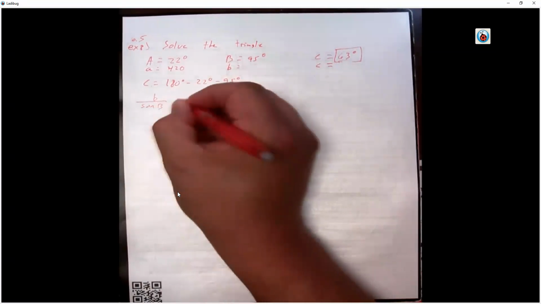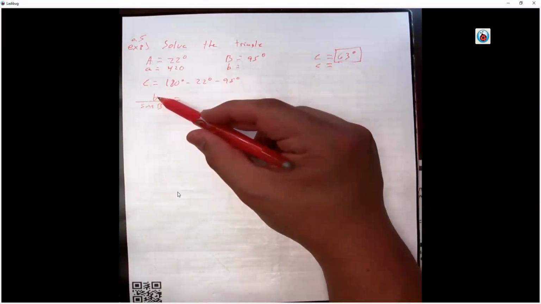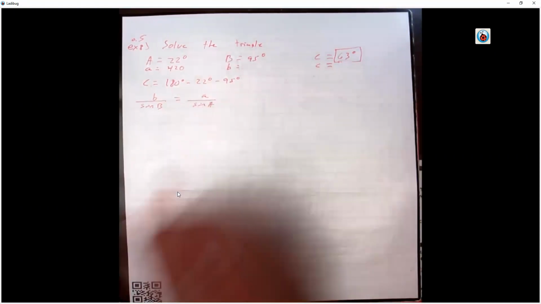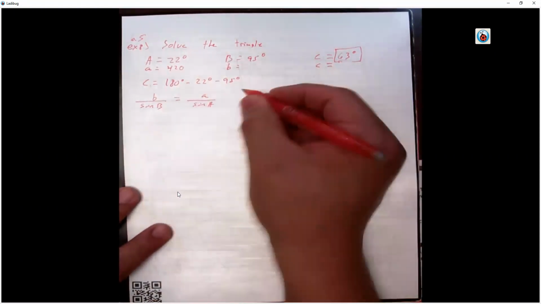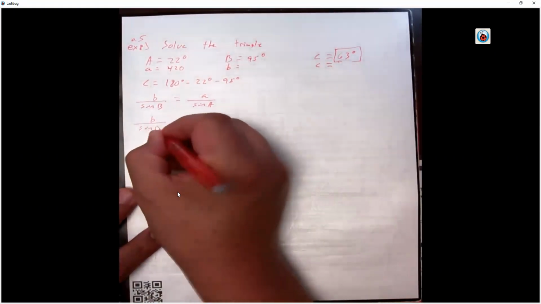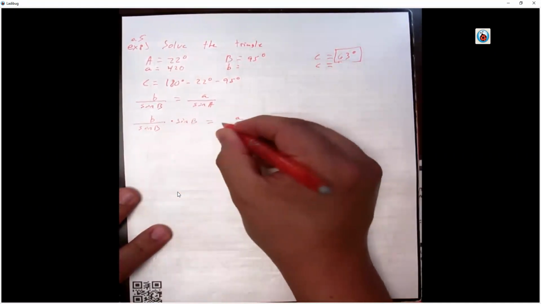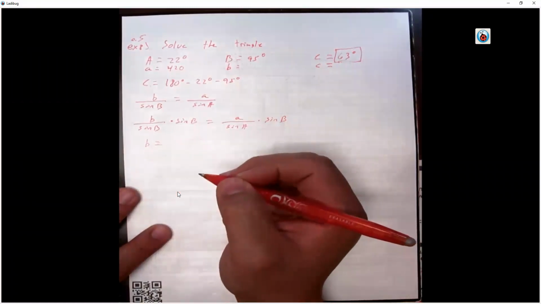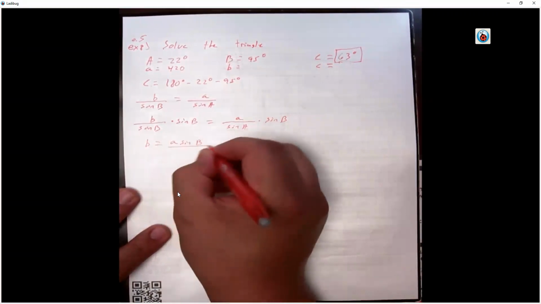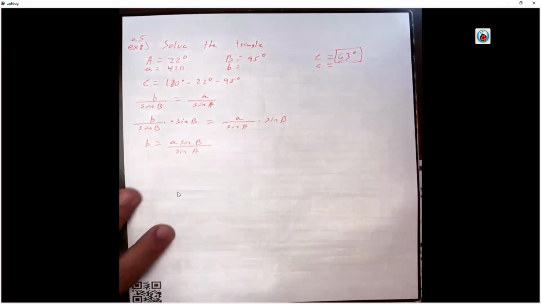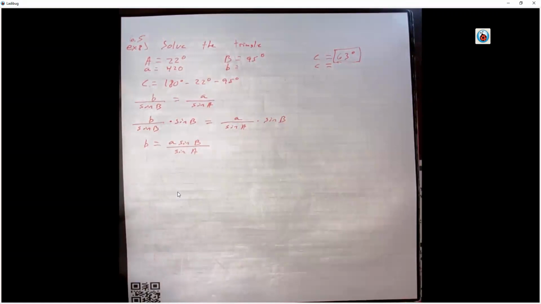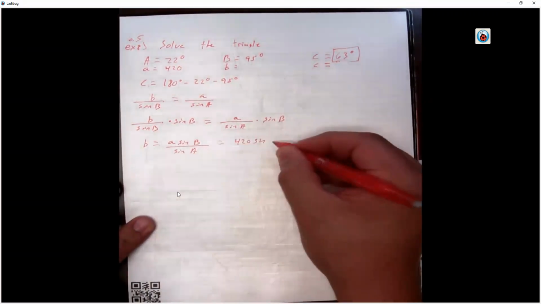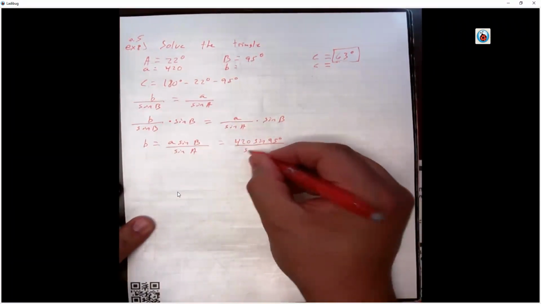Little b over sine B will be equal to, and I want to solve for little b first, so I'm going to set it to the ratio that is complete, little a over sine A, because I have those values. To solve for lowercase b, you would multiply both sides by sine B. So little b is equal to a sine B over sine A. Plug in everything and we're good. So 420 sine 95 over sine 22.